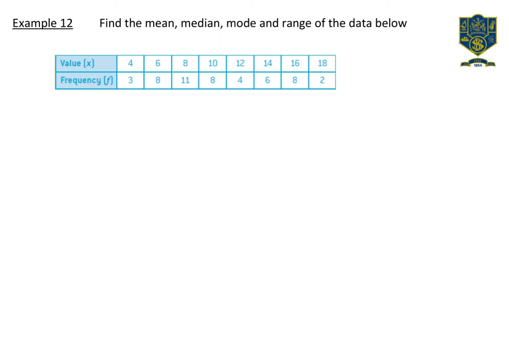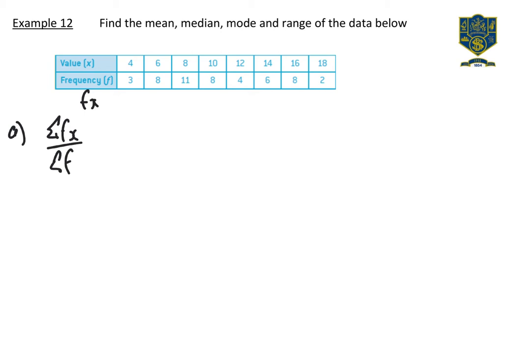Example 12: find the mean, the median, the mode, and the range of the data below. We've got our frequency values and our x values, and to work out the mean, that's sigma fx divided by sigma f. So we need to work out an fx column, and remember that's just f multiplied by x.